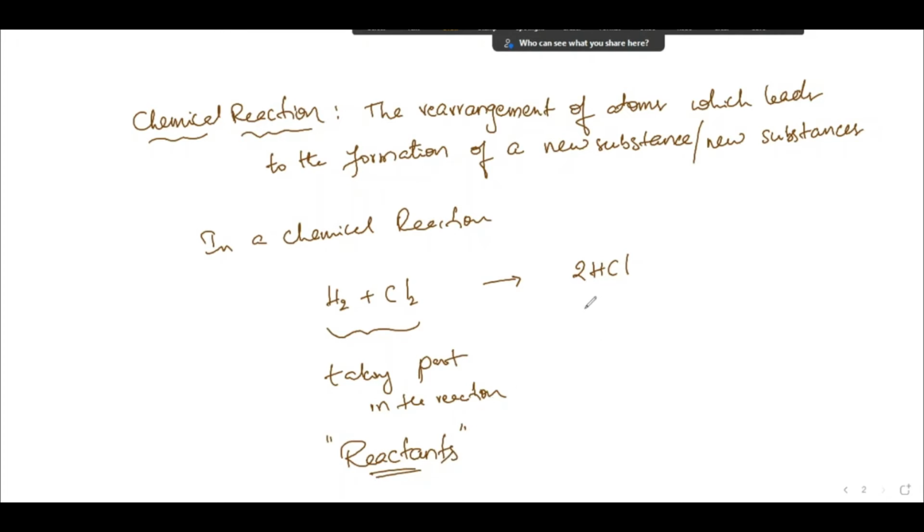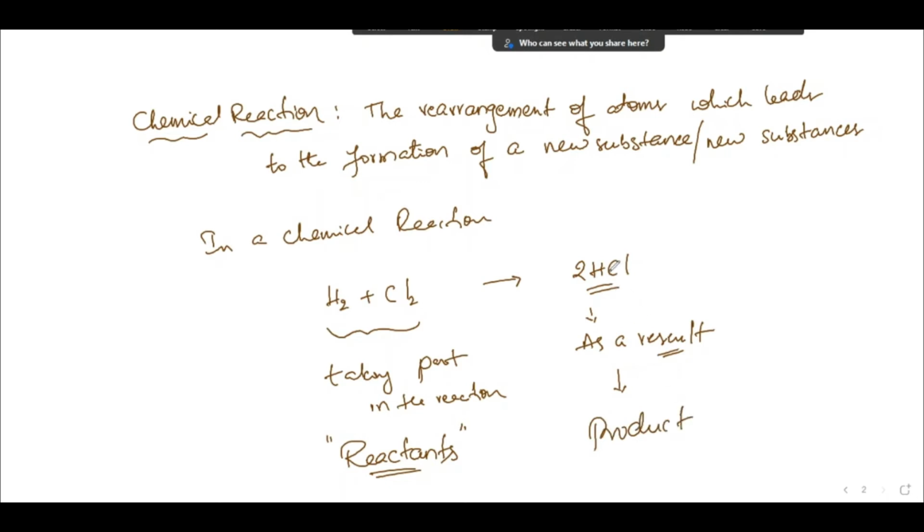The final substance which you obtain, a new substance, the output of this reaction, the final substance you get after the completion of this reaction, is formed as a result. So after the completion of the reaction, as a result you are getting this substance, and the resultant substance is called the product.